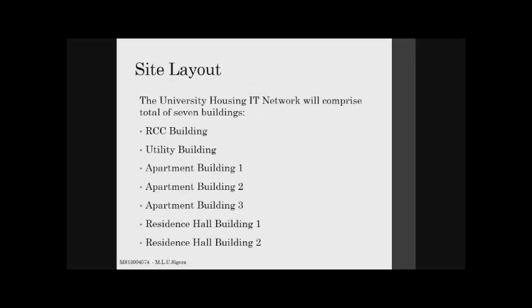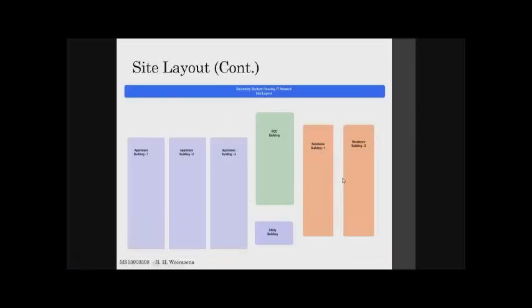Then let's move on to the site layout. The university housing IT network comprises the following buildings: the residential computing center building, utility building, apartment building. There are 3 apartment buildings and 2 residence hall buildings.